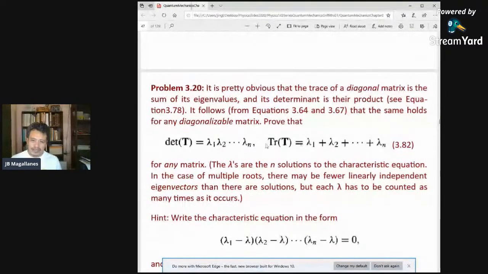And the trace of a matrix is the sum of its eigenvalues. Of course, the trace of the matrix is the sum of the elements in the diagonal. And if that matrix is diagonalizable, then the trace will just be the sum of the elements in the diagonal, for any matrix.